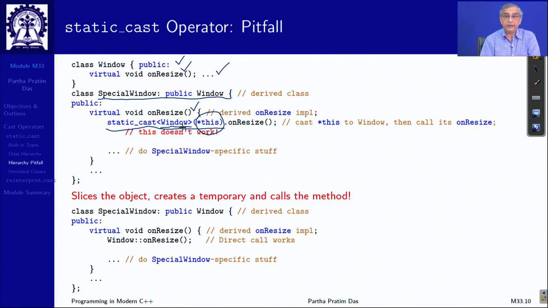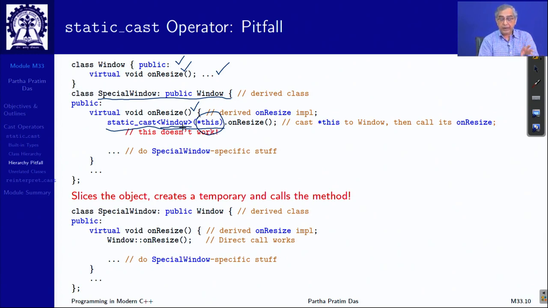But if you do that, recall that this will actually lead to slicing, because you are trying to copy a specialized object as a generalized object. So, when you do that, only the base part goes, and the compiler cannot lose the original object.